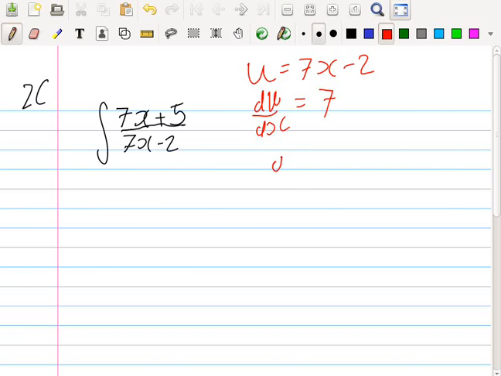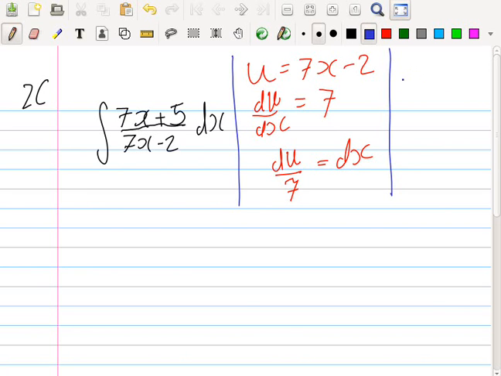So therefore, du over 7 equals dx. And also here, this can be rewritten to say x equals u plus 2 over 7.